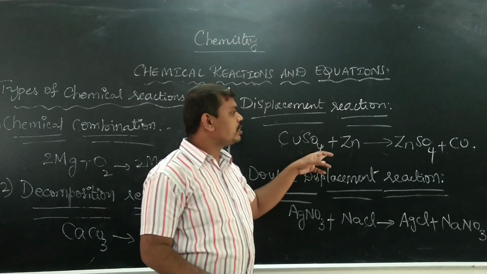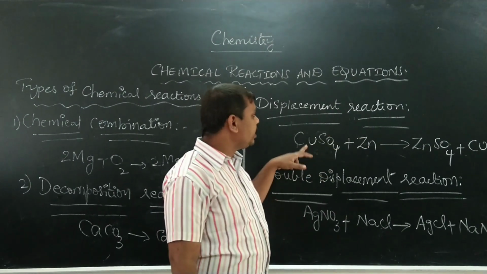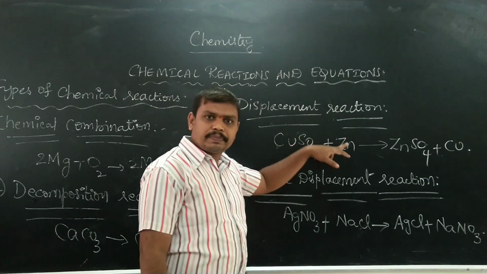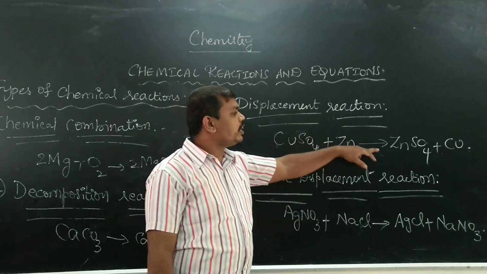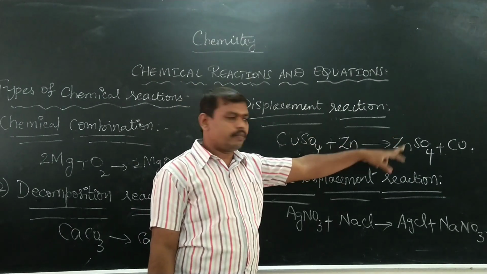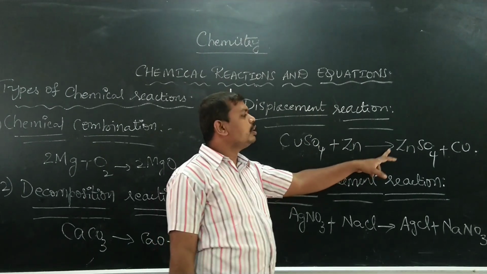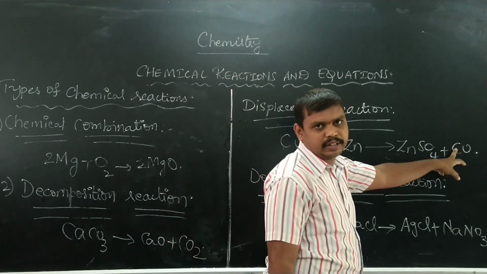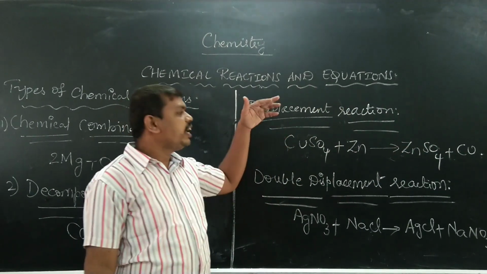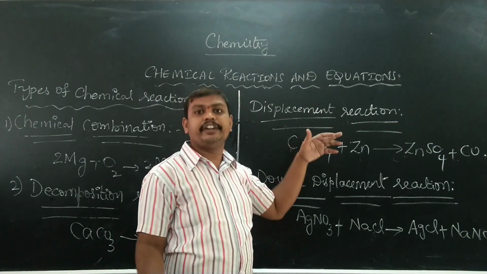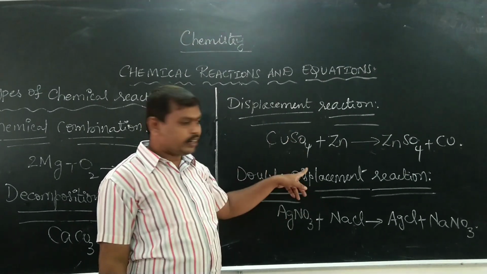The substances formed on the product side from the chemical substances on the reactant side: copper sulfate plus zinc will give rise to zinc sulfate plus copper. That means the exchange of elements takes place in the displacement reaction when the chemical reaction takes place. That is the displacement reaction here.